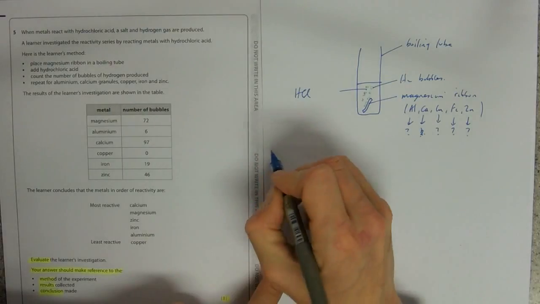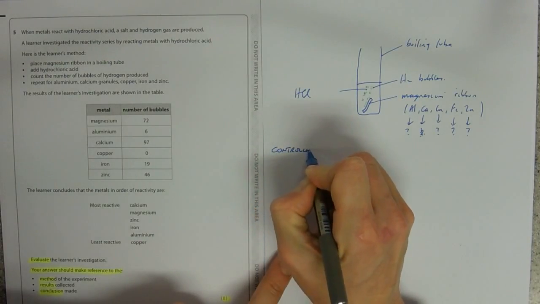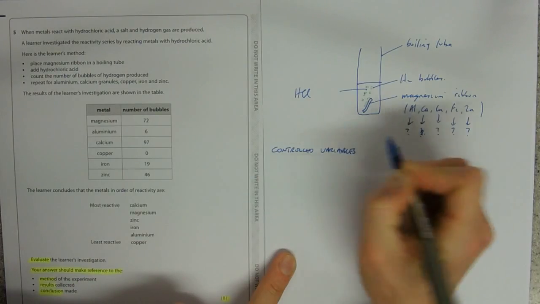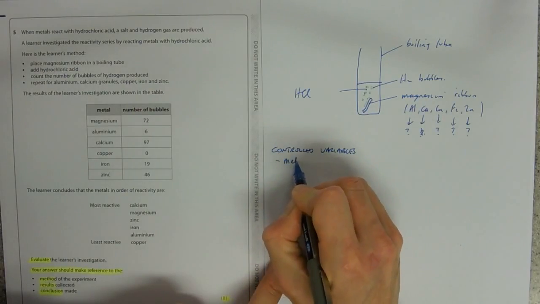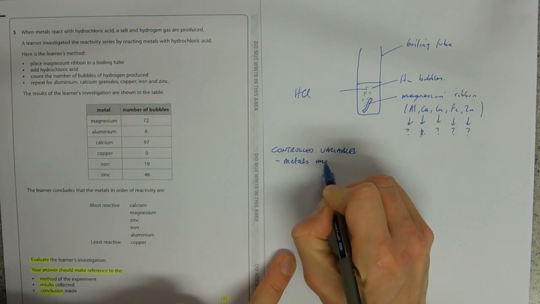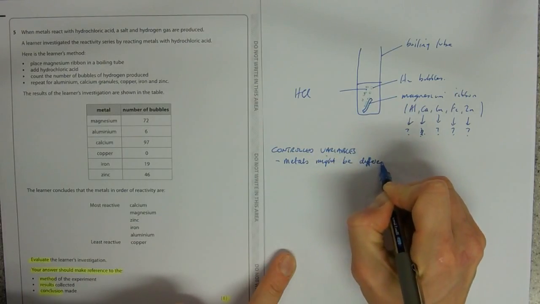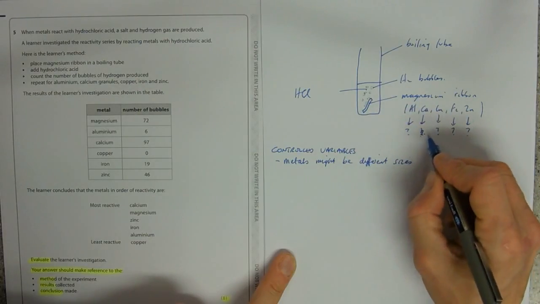So you should always think about your controlled variables. So for example, metals might be different sizes, lengths or surface areas.